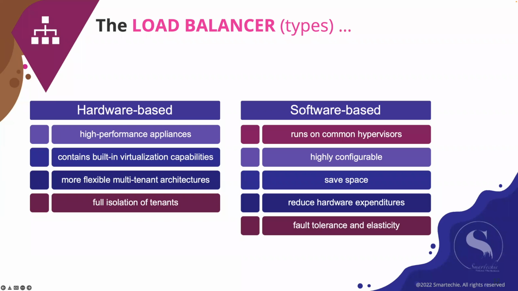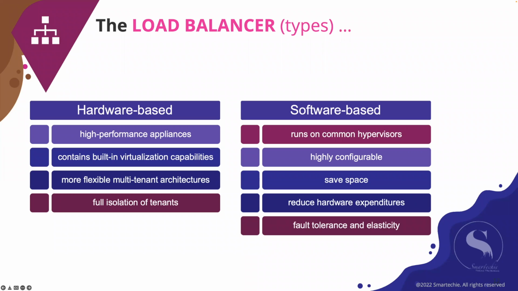And the other type is software-based. It can fully replace load balancing hardware while delivering analogous functionalities and superior flexibility. It may run on common hypervisors, in containers or Linux processes with minimal overhead on bare metal servers.